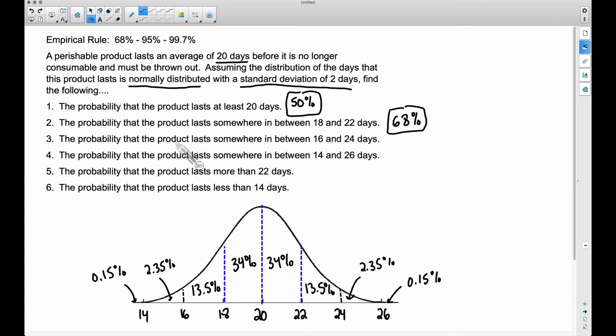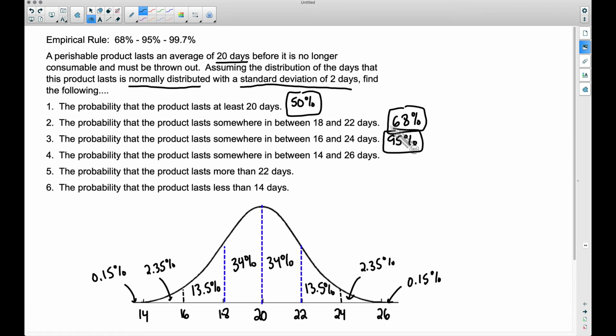Number 3, the probability that the product lasts somewhere in between 16 and 24 days. Well, here's 16, here's 24, that's that 95%, because 16 is 2 standard deviations below, and 24 is 2 standard deviations above. That's going to give us a 95% chance for number 3.